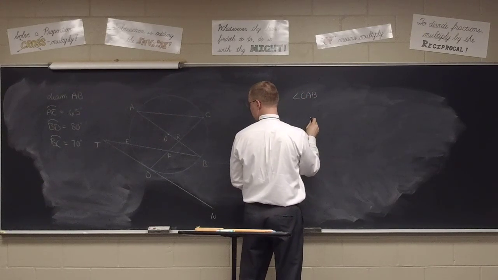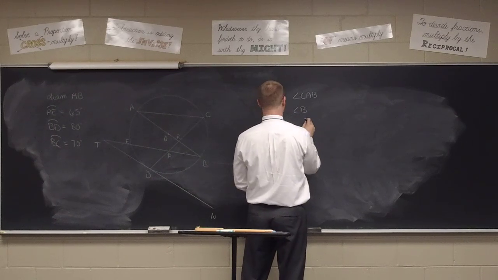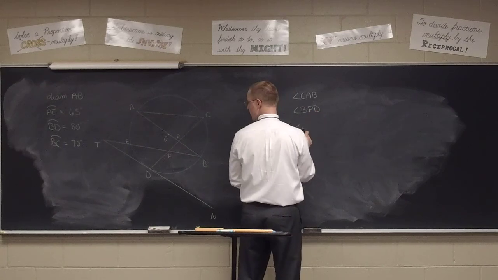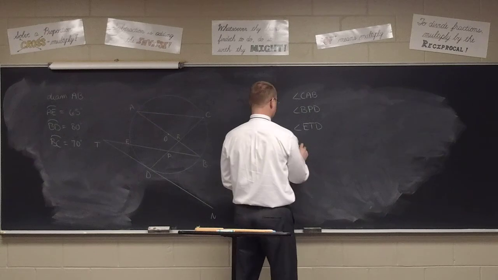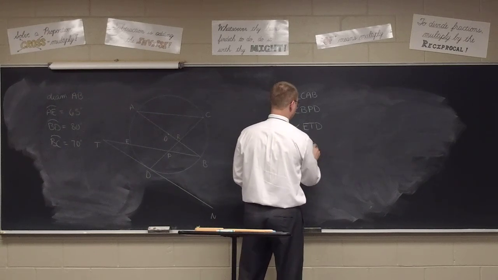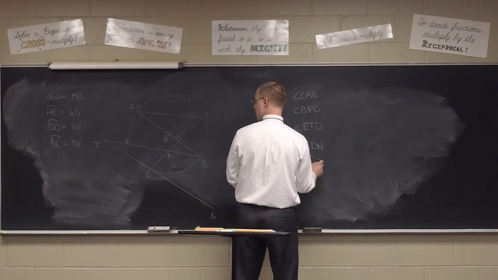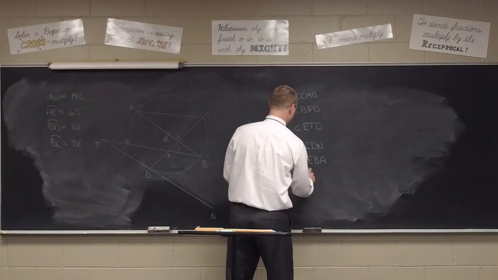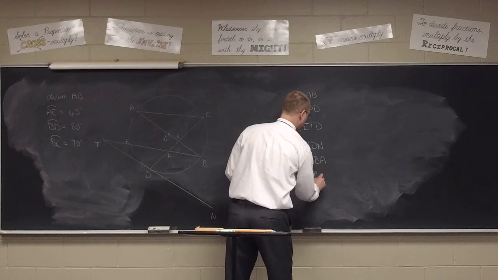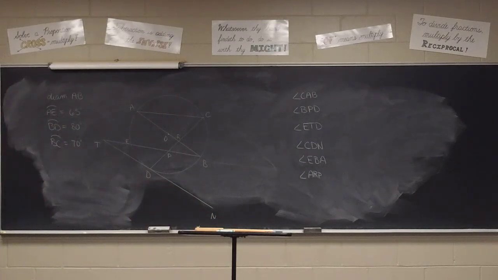Let's find angle BPD. Let's find angle ETD. Let's find angle CDN. Let's find angle EBA. And angle ARP. Take a few minutes to work on that, and we'll take a look at it together.